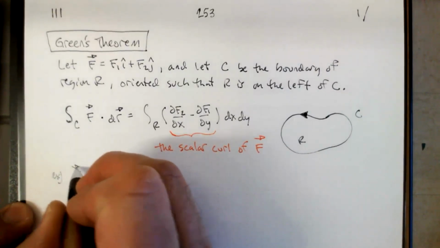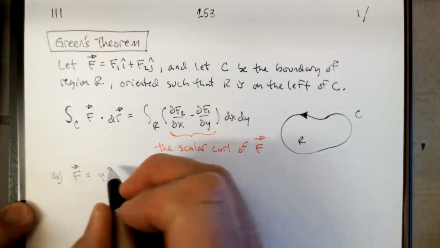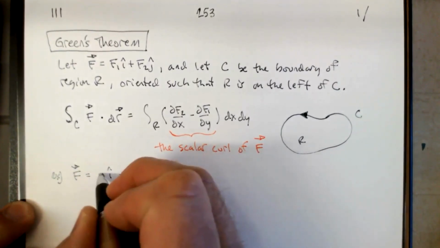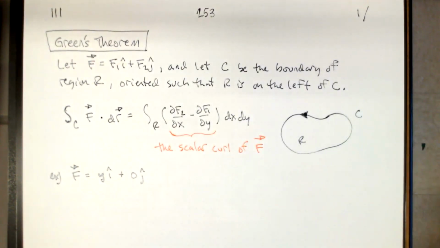Let's say that our vector field is y i-hat and 0 j-hat. And we're going to take C as the unit circle.